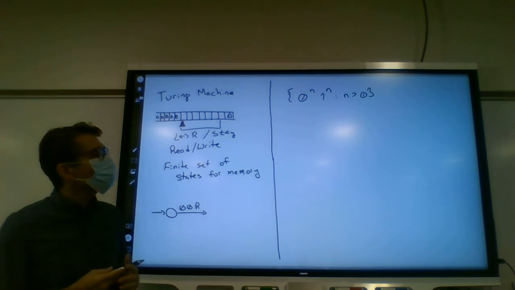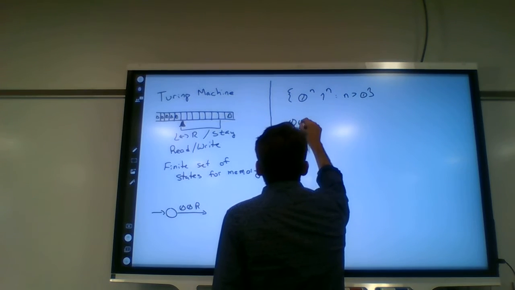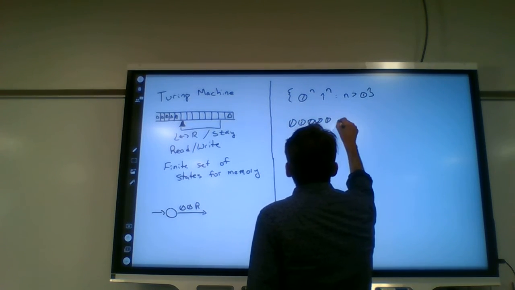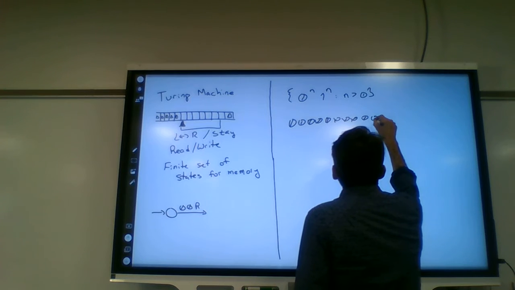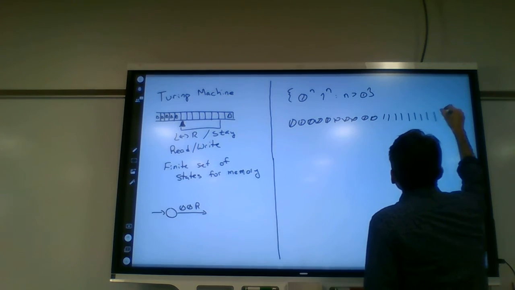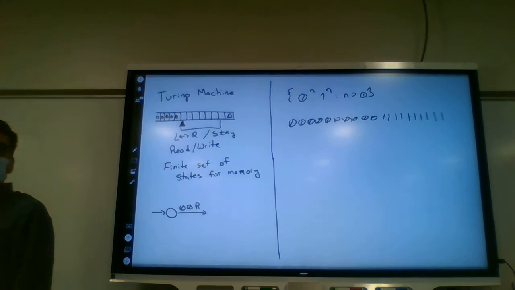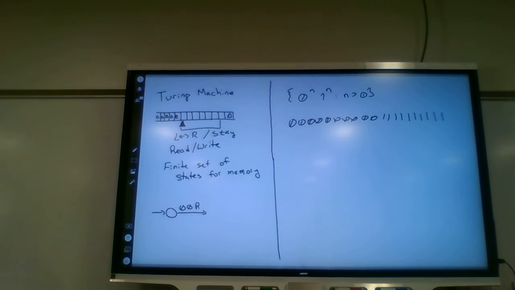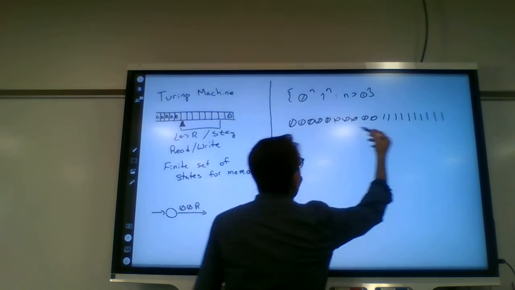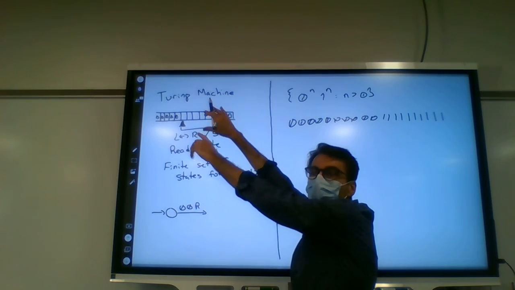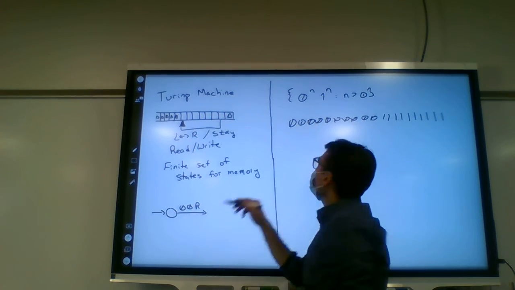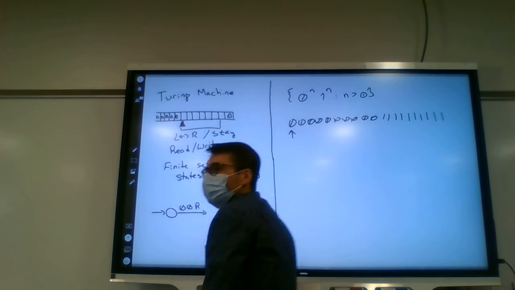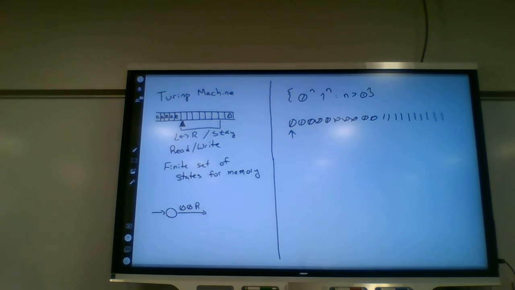But what would you do to tell if that string is in the language? And remember, all of this is on the tape, one character per cell, and we are sitting right here, right now. So what sort of things are we able to keep track of?